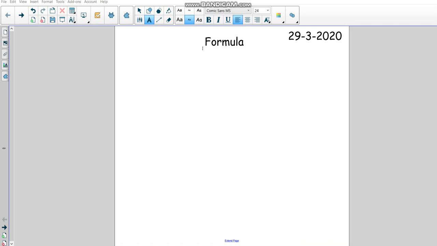Today, our lesson is about formula, which is how to form or to construct an algebraic expression.